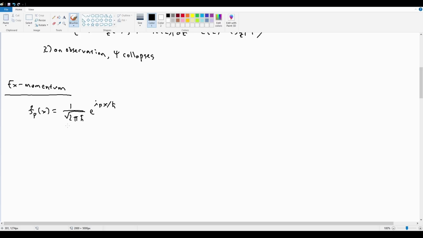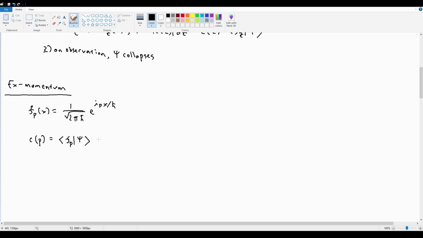So if you want to find the corresponding coefficients, c of p, remember momentum is a continuous eigenvalue, so let's write it like this. c of p is going to equal the inner product of the momentum eigenfunctions with the wave function itself.